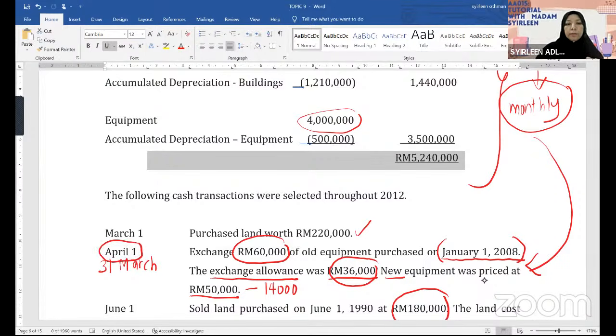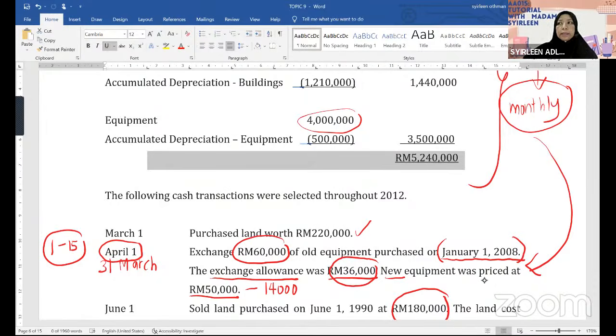1 hari bulan April berada antara 1st until 15 for the month. So bila kita dispose between 1st and 15, that means the depreciation expense untuk bulan tu tak dikira. Kita hanya kira untuk sebelum 1st April.